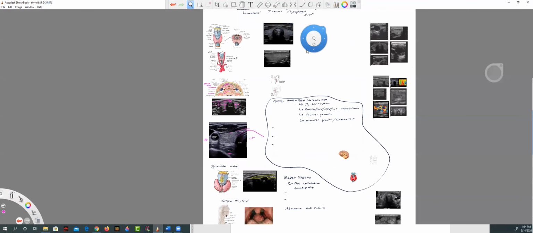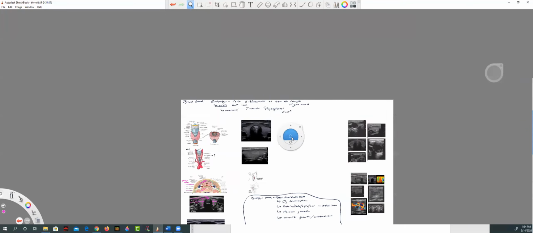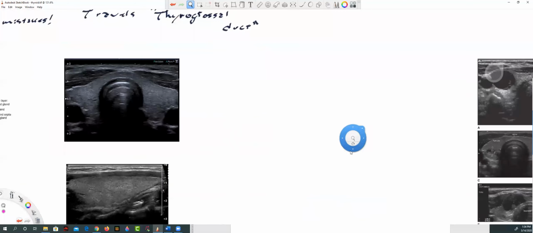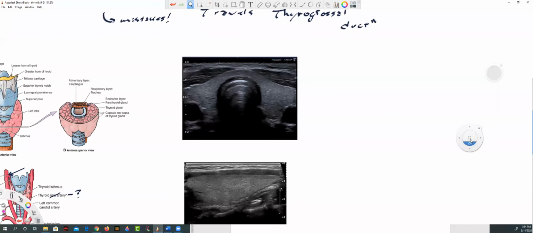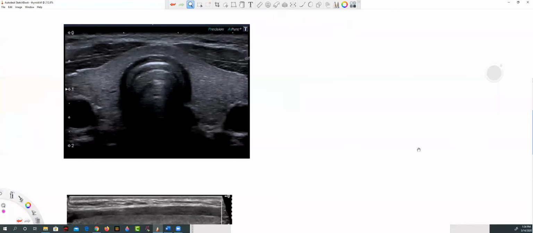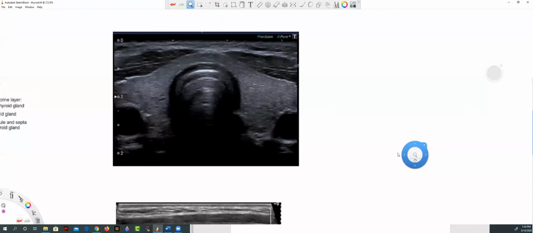Let's look at these two guys. Okay. Beautiful picture of a thyroid. Nice isthmus, right lobe, left lobe, very homogeneous.